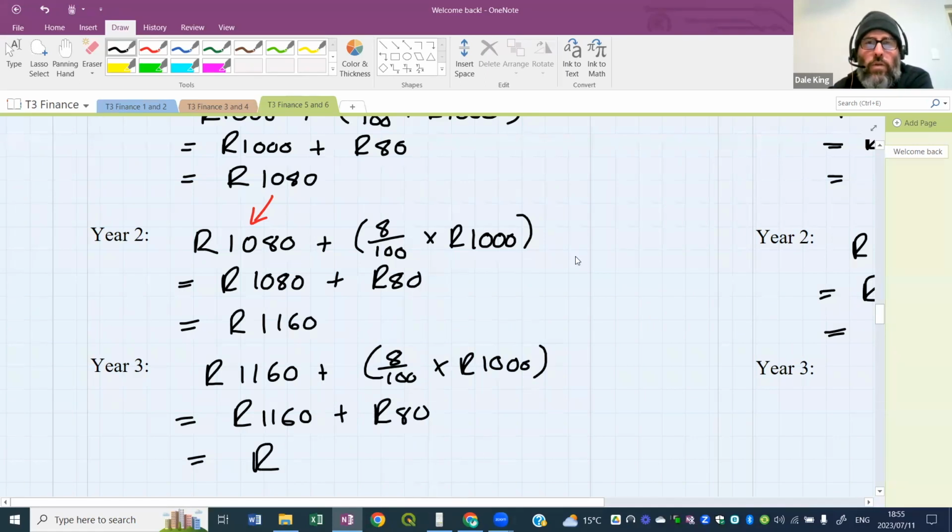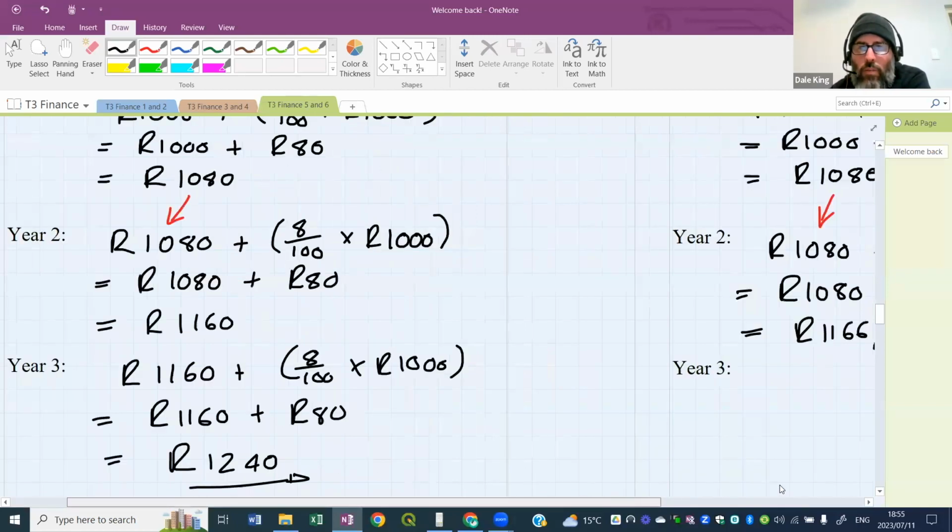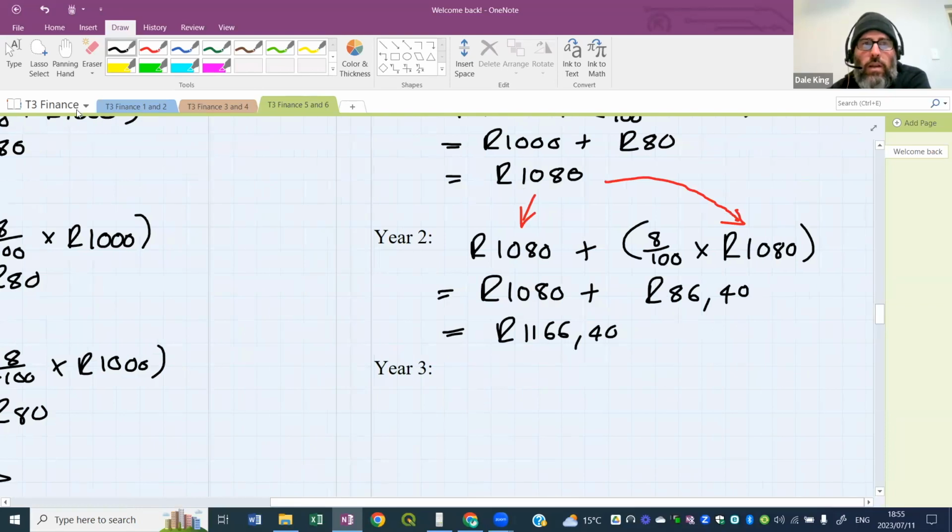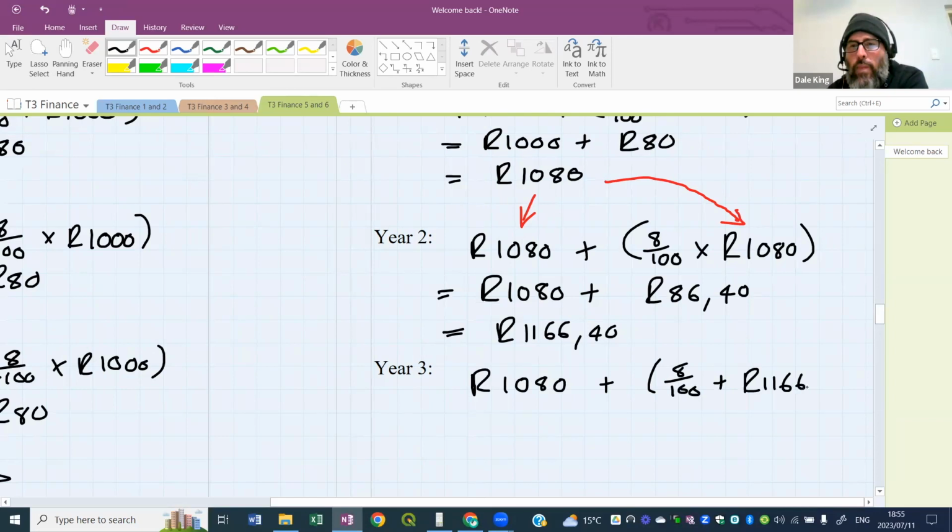All right, yes, we should all be getting the same, 1,240 Rand. All right, we added on another 80, 1,240. So this is the bank balance at the end of 3 years. Let's move over to compound. What's the total there? What's the new total for compound, please? You guys do the calculation.